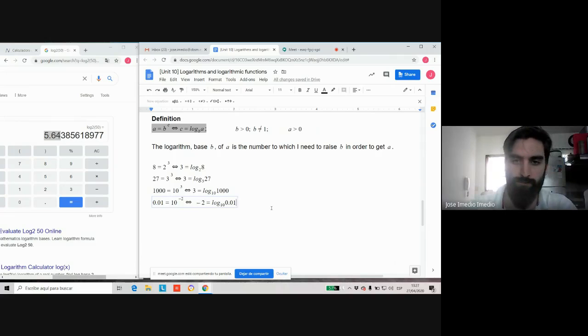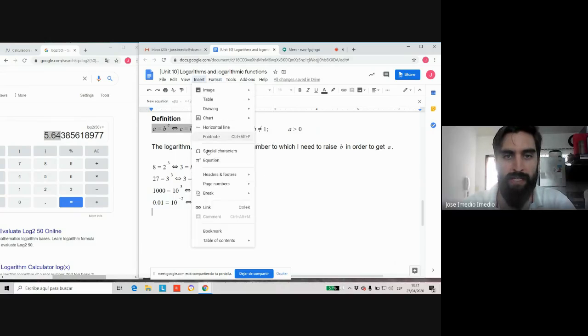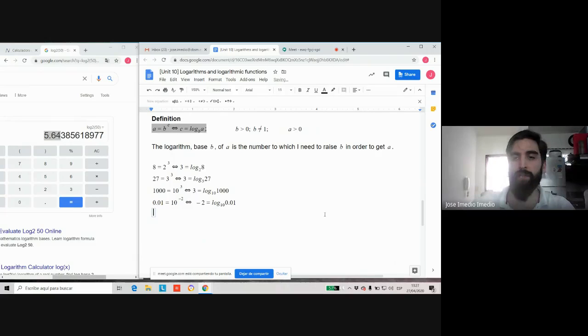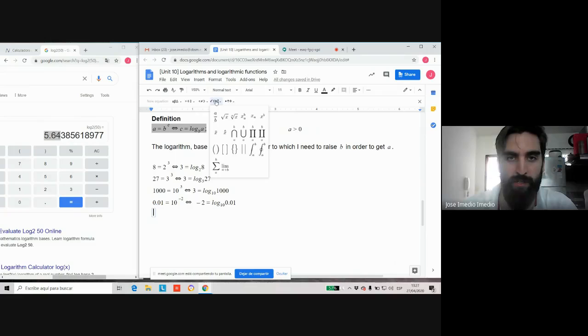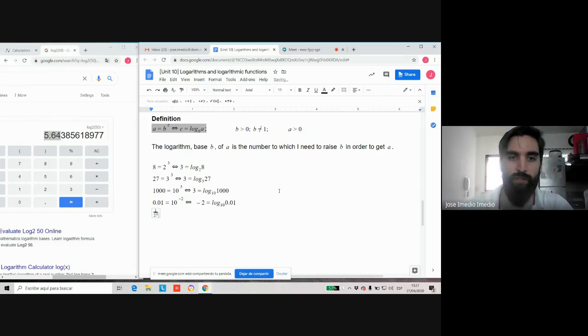Same thing with another example, let's use a fraction. So 1 divided by 27 is the same as saying 3 raised to the power of minus 3, right?